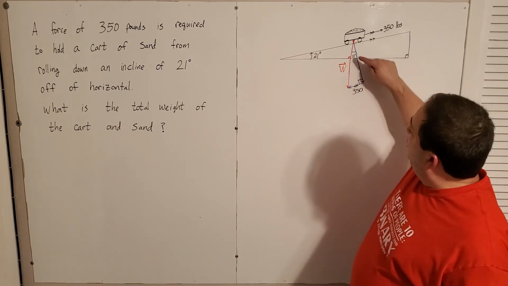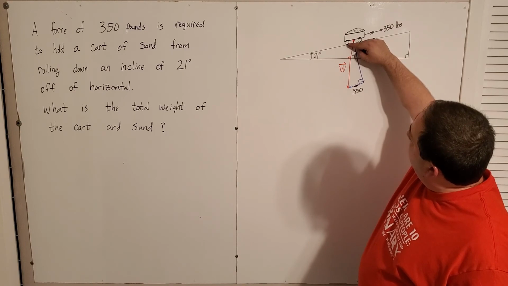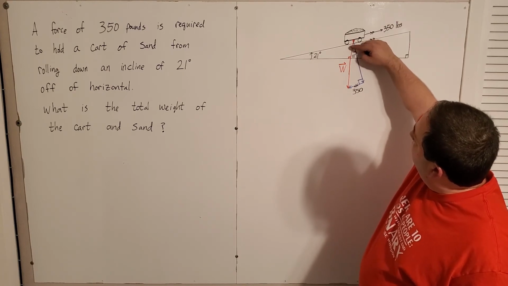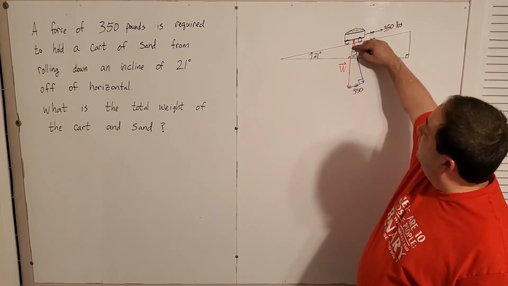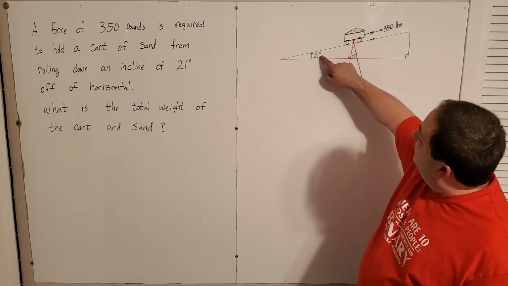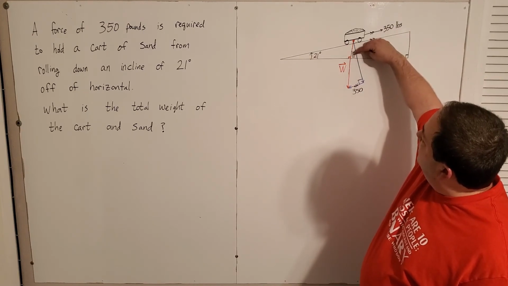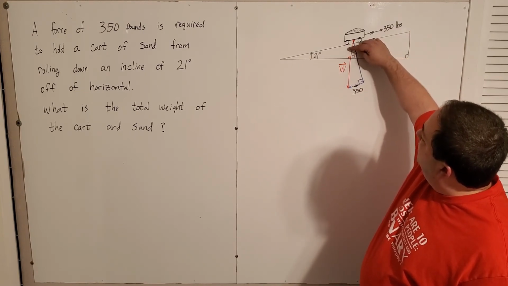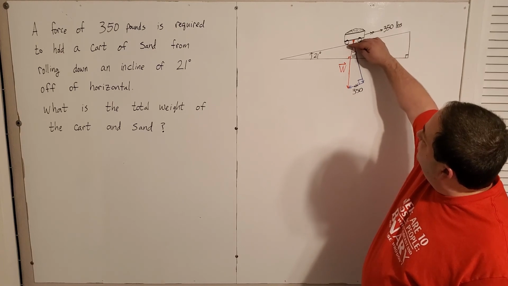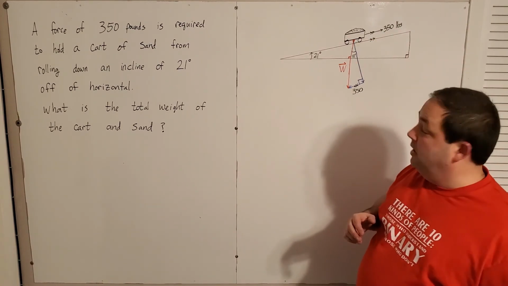And you can do that by showing that since this is a right angle, then the right angle with the incline and the blue vector here is also a right angle. So then you can say 90 minus the 21 is equal to this angle, but then subtract it from 90 again gives you 21 back again, right? In other words, the sum of these two pieces would have to be 90 degrees. That's one way of looking at it.